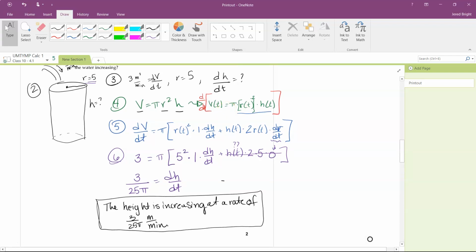Anything that doesn't change with time is effectively a constant, so we could have just said r is always 5 in this equation. Step 5 is to differentiate both sides of your equation. And then step 6 was to substitute, and in our substitution process we recognized that the radius did not change as time changed, which meant that the rate of change was 0, and then we were able to solve.